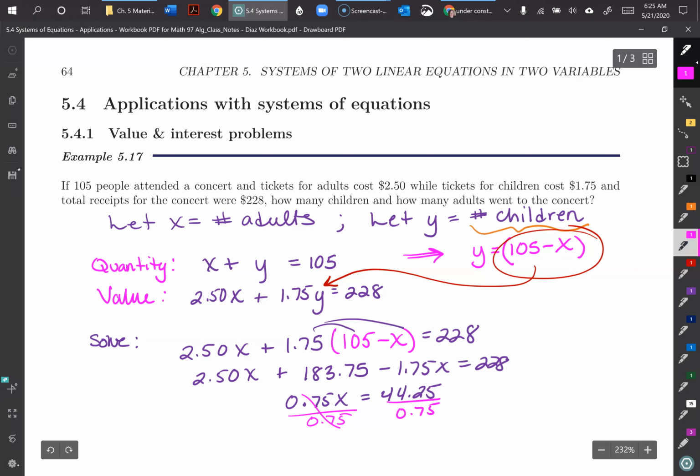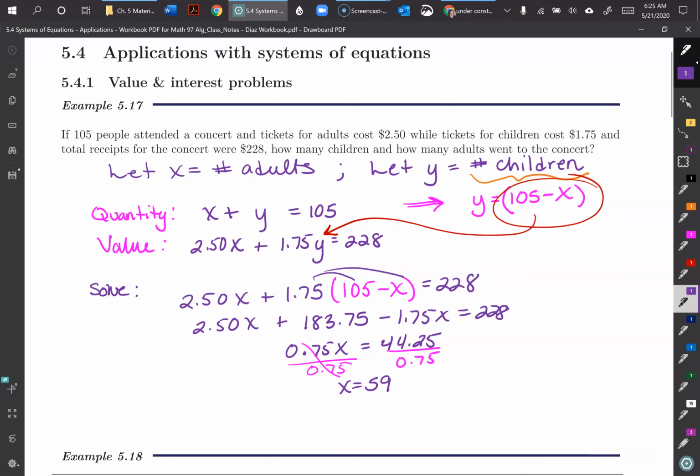I'm going to divide both sides by 0.75, and I end up with x equals 59, which is nice that I don't have pieces of tickets. It should come out to whole numbers for these if the numbers were chosen accurately.